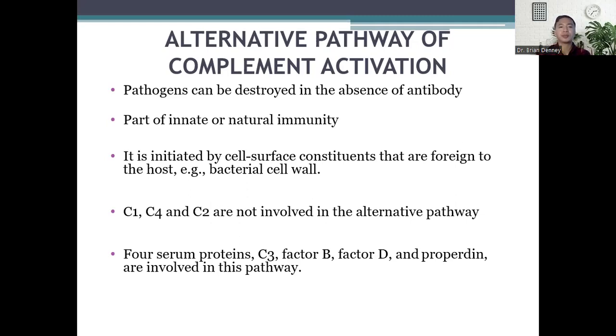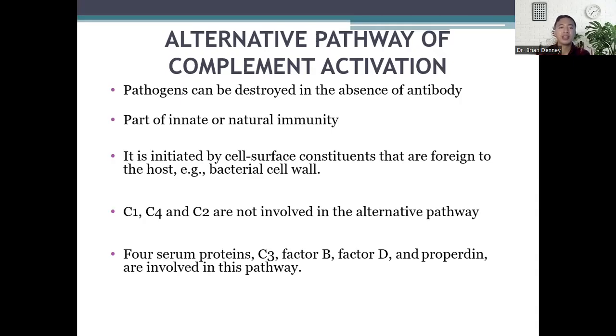Now, take note that the alternative pathway uses different sets of complement proteins. Remember, your classical pathway uses 9 complement proteins. Now we have different names of proteins involved in your alternative pathway. For example, your C1, your C4, and C2 are absent in this pathway.